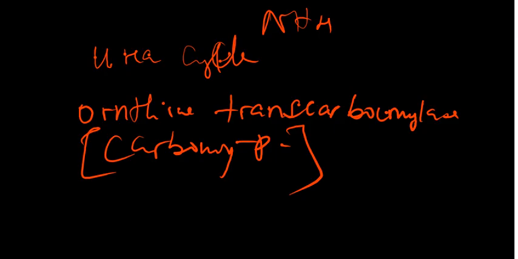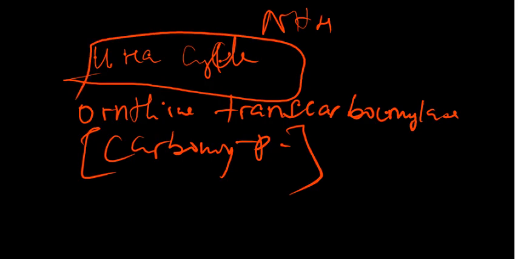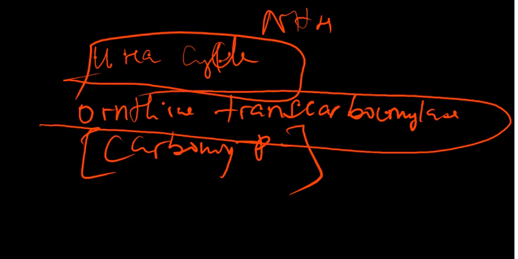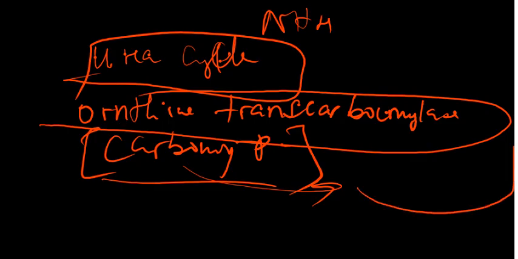So in orotic aciduria that's associated with the deficiency of the urea cycle enzyme transcarbamylase, the deficiency results in excess of carbamoyl phosphate, and when there is excess, it passes to the cytosol where it stimulates more and more synthesis of pyrimidines. And you know that when pyrimidines are broken down, they give us ammonia.